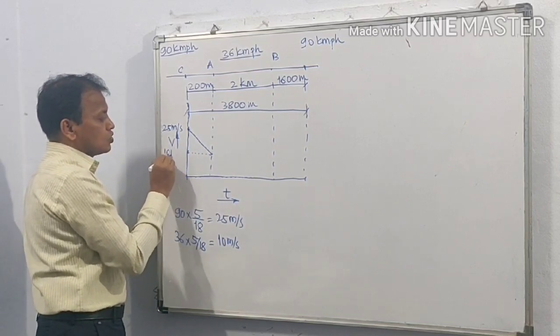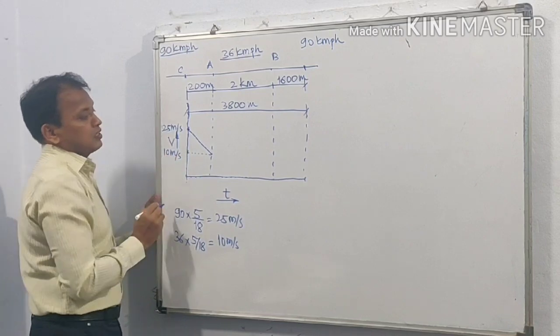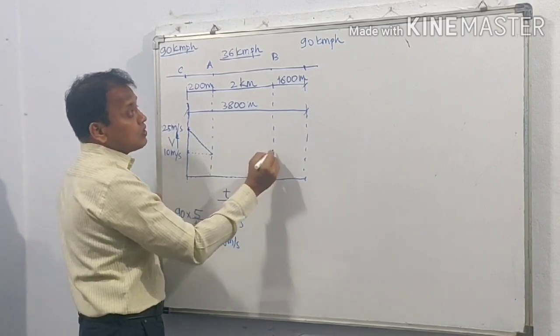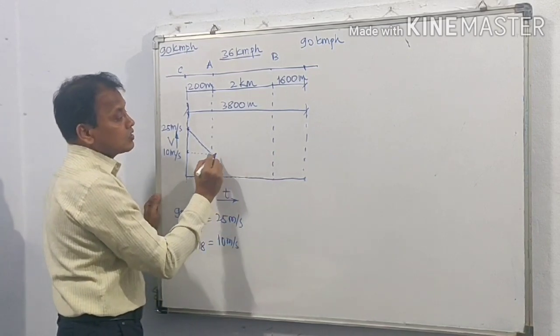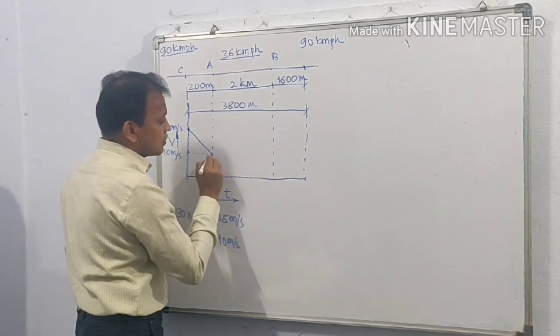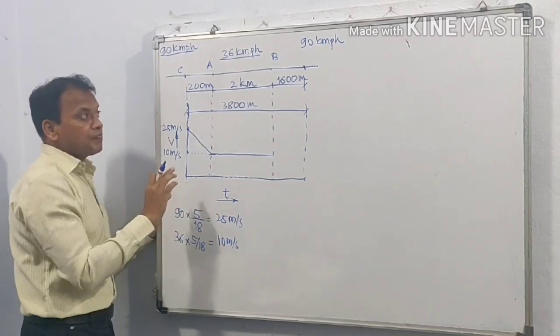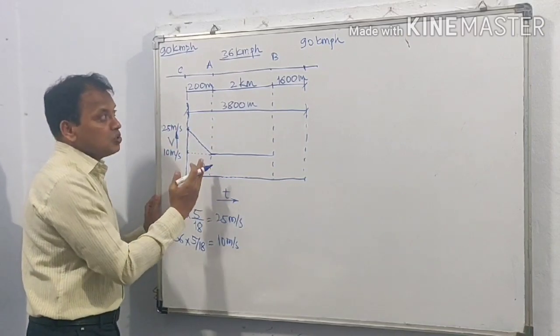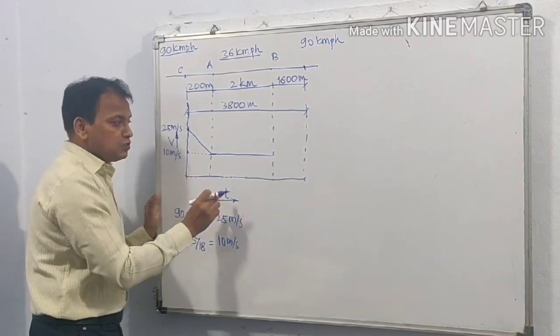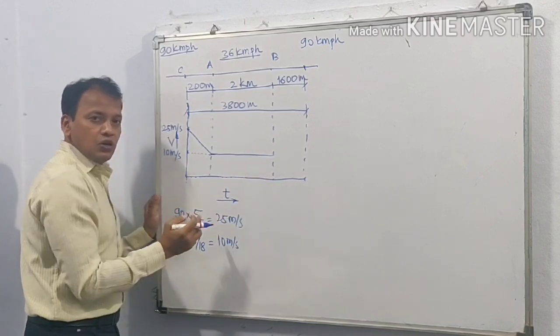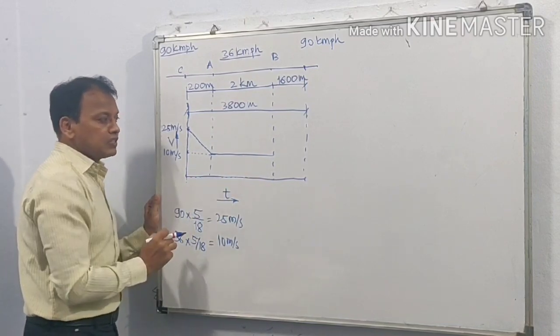So here let us show 10 meter per second. This velocity is remaining constant up to B. So uniform velocity, as we have just seen, when the velocity is not changing with respect to time, this line will be a horizontal straight line parallel to the x-axis.